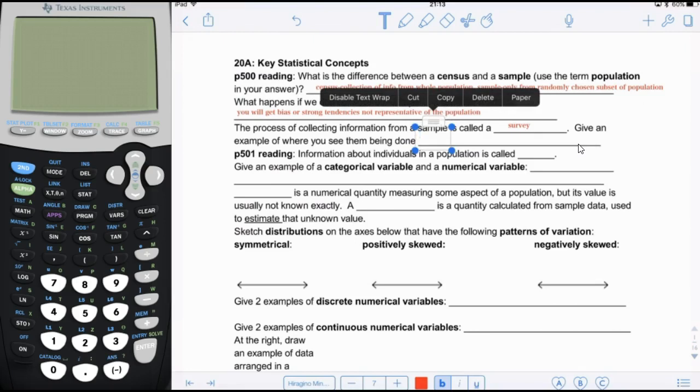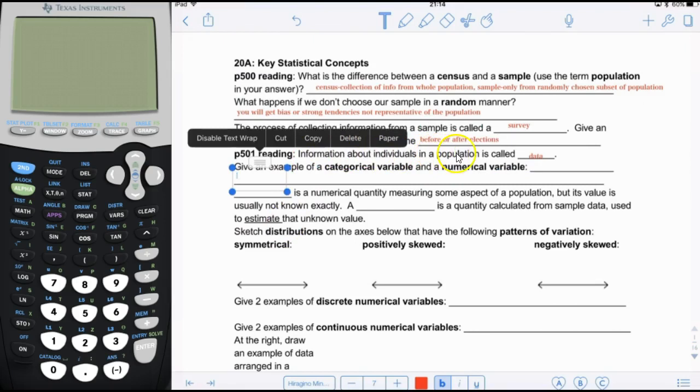After an election or before an election, sometimes they have surveys of people to see who they're going to vote for or who they did vote for so that they can figure out which candidate is leading. So I'd say before or after elections. Okay.